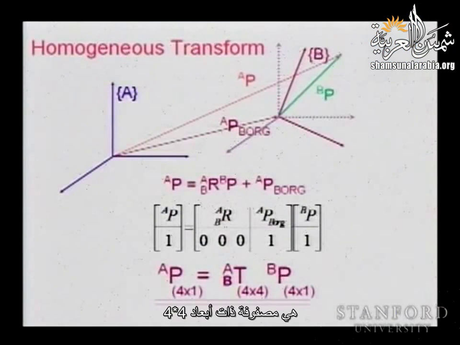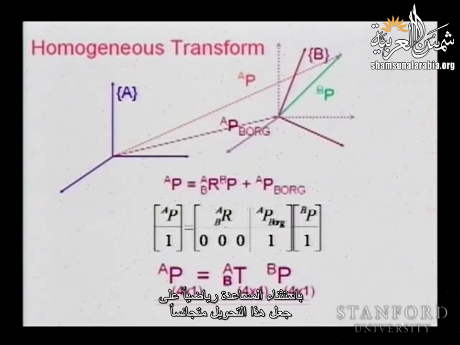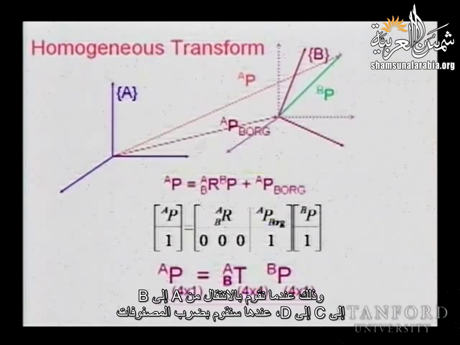It's a 4x4 matrix. You have 4 components that are doing nothing except help the math to make this transformation homogeneous, in that when we go from A to B to C to D, then essentially we are just going to multiply matrices.